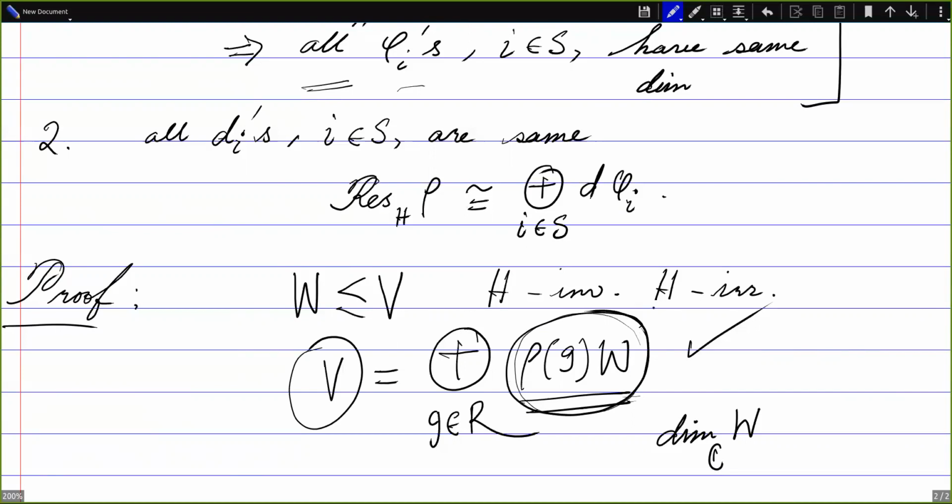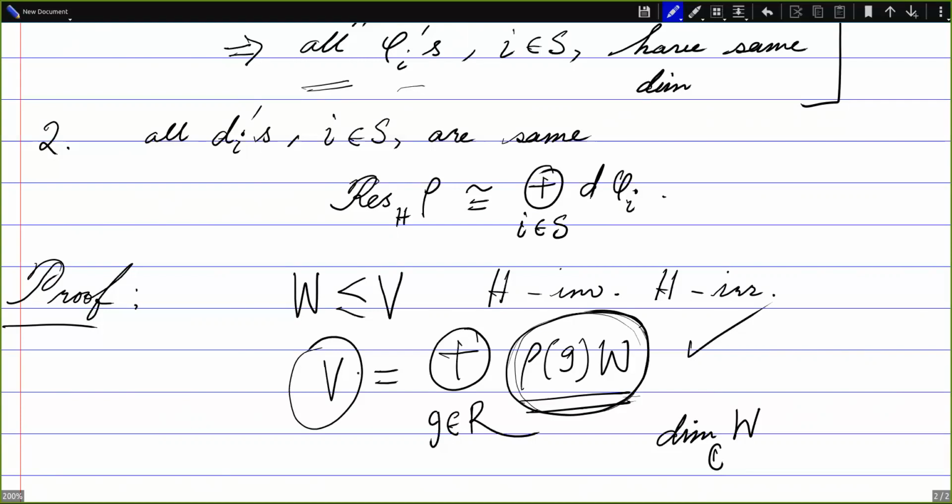That shows that the phi i's which correspond to these have the same dimension. Now if you take any other decomposition of V, only those phi i's will occur, because that is what we have proved earlier: the irreducible representations that occur in a representation of the group do not depend on the choice of the decomposition.